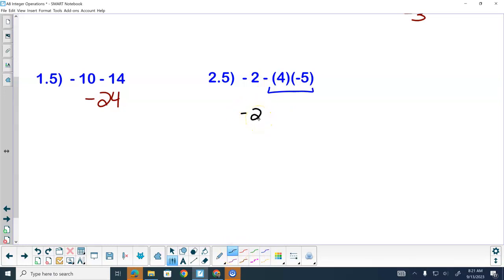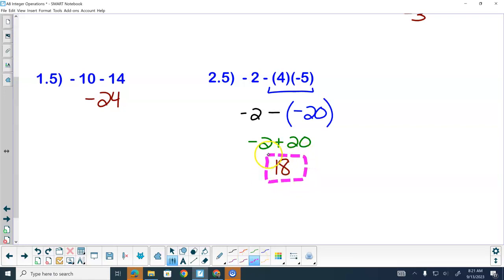Negative 20. So it's minus then negative 20. Minus a negative is adding, right? So we could leave it as negative 2 minus negative 20 like that, or we could write it as negative 2 plus 20. Either way, that puts us in our final answer at 18.